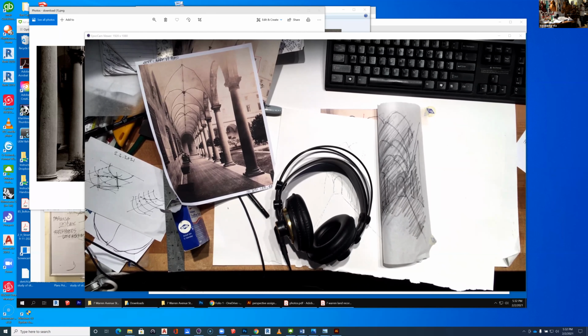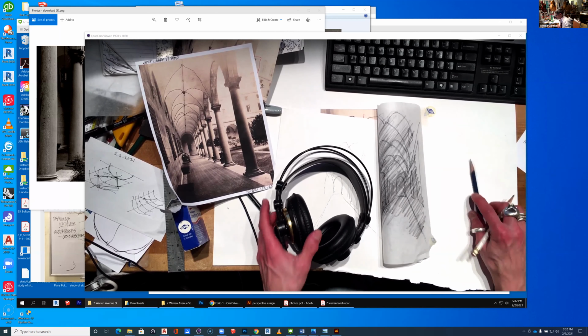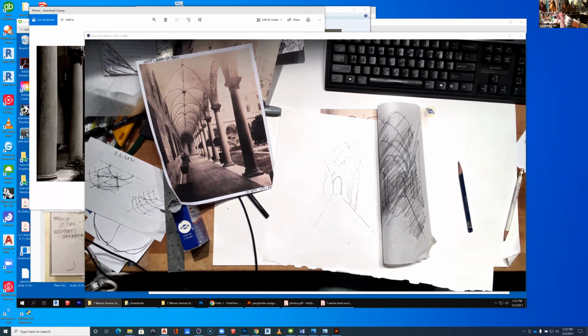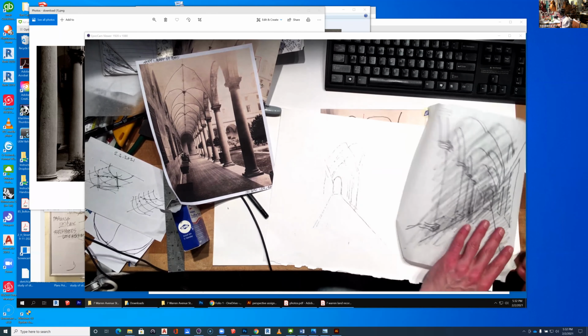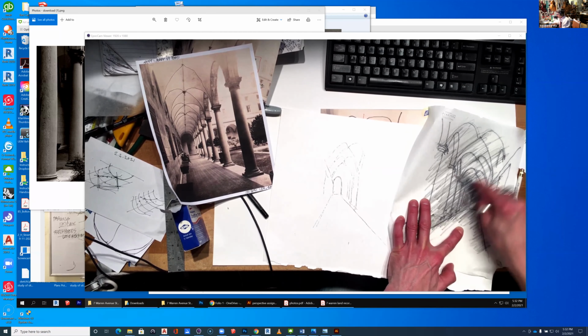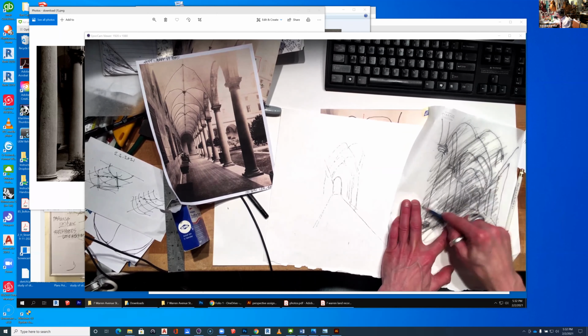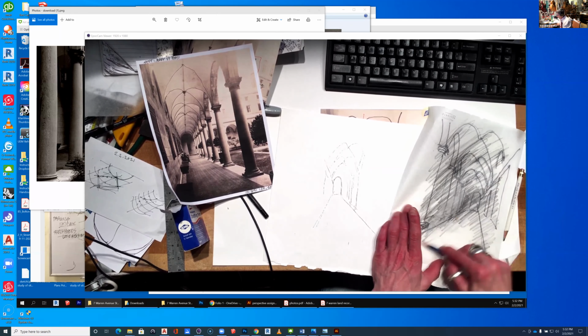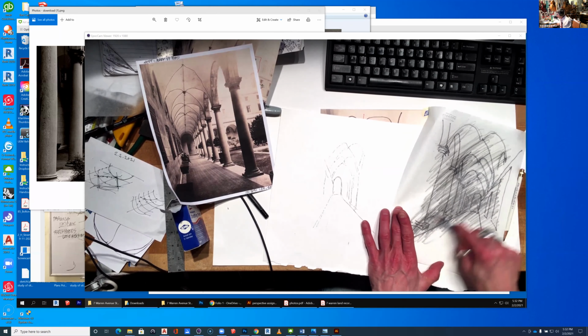Charcoal? Do you have charcoal? Yeah, I just don't. The soft lead pencil would be preferable, just so that we deal with pencils. 2B lead might be a little bit heavy, like a 4B or a 6B pencil.